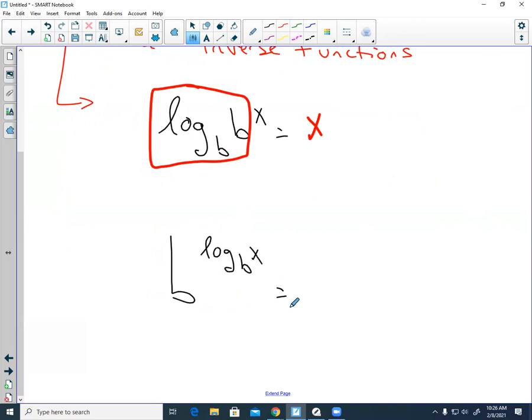By definition, log and exponents undo each other because they're inverse properties, which means they go away. So these two things right here will cancel, and it will become x.